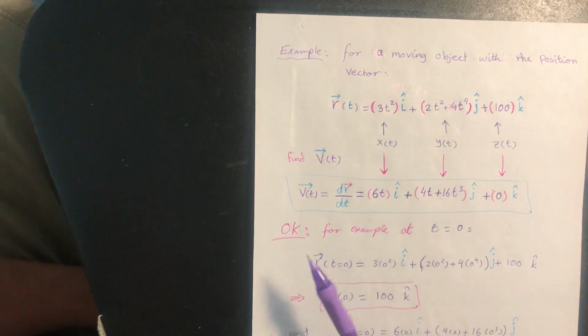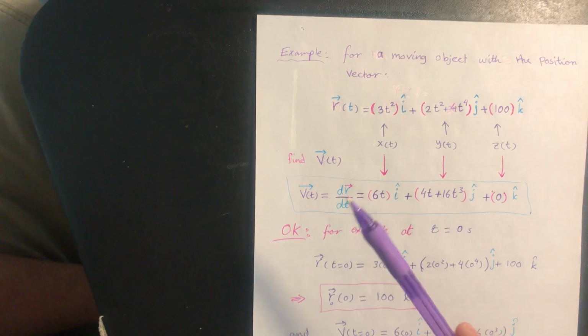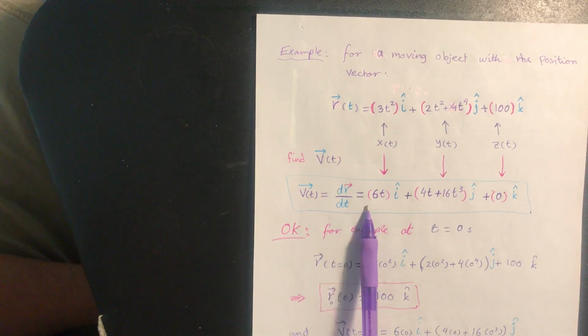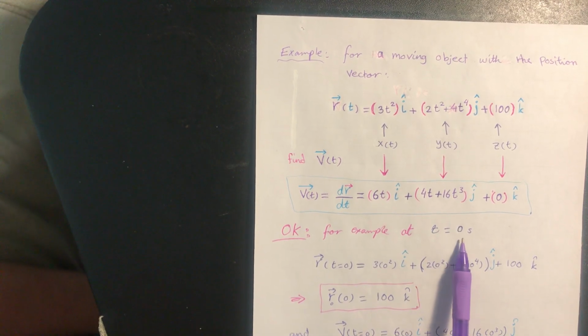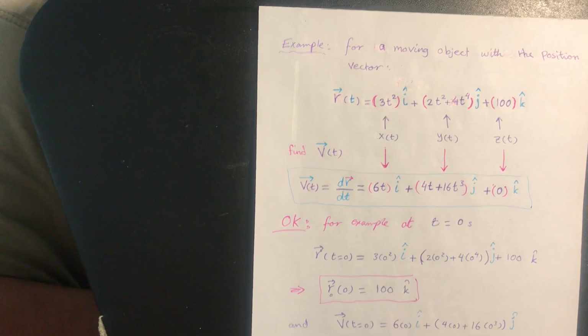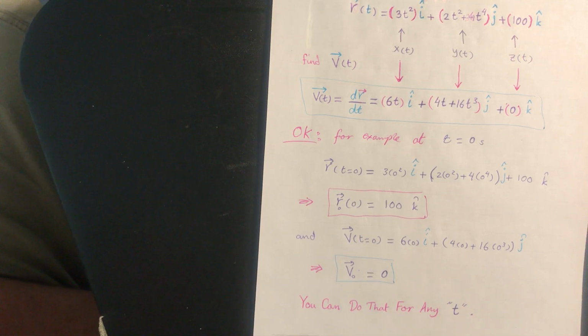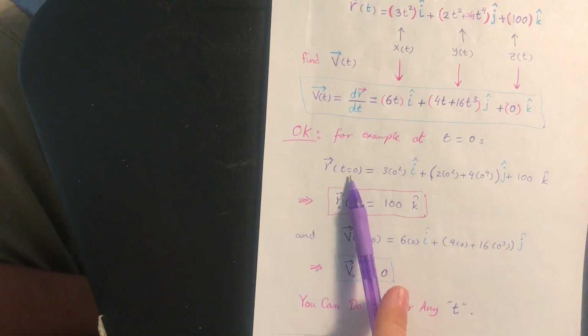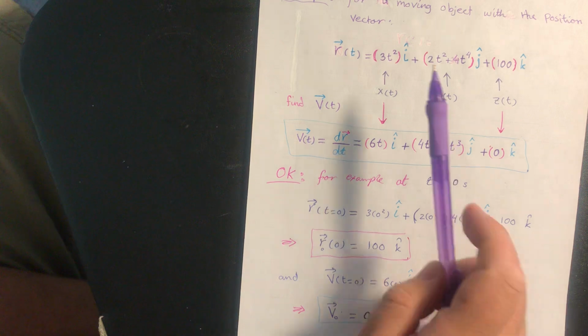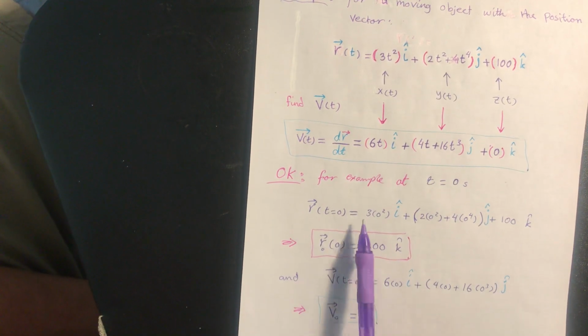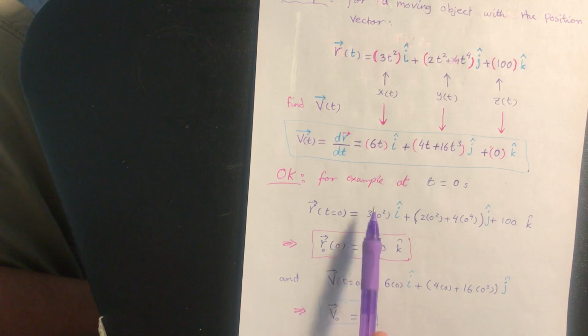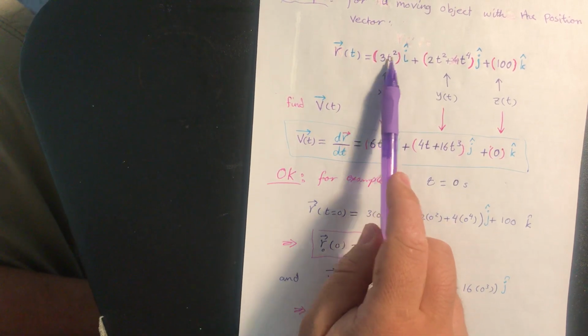Now we can find the position and the velocity at any time. For example, at t equal to 0, we need to find the initial velocity and the initial position. What is r at t equal to 0? We just need to put 0 in the place of t. The x term will be 0.